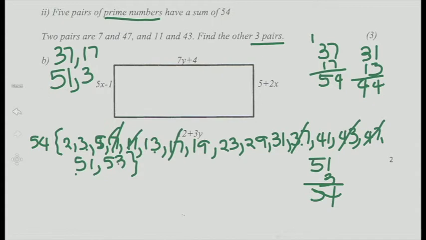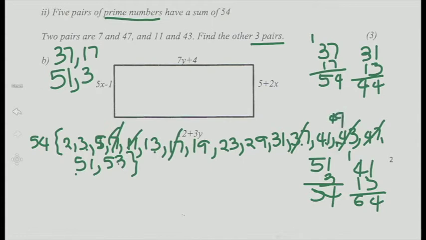Now we have two pairs. We are only left with one pair. Let's look at 41 plus 13 here. It's 54, so 41 and 13 is not the pair. I think I left a 49 somewhere here.